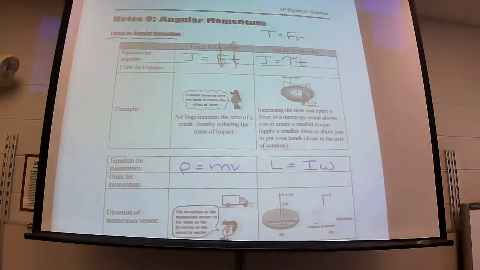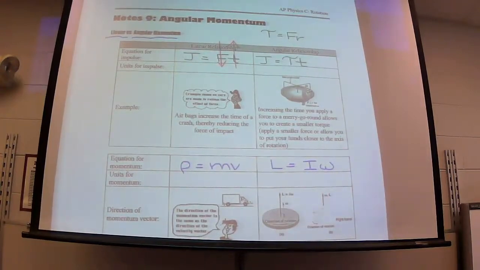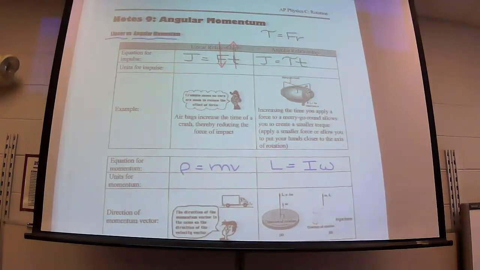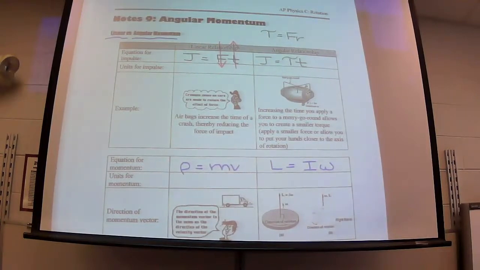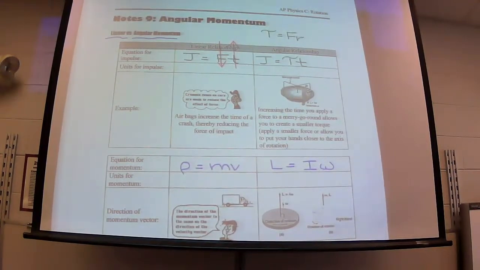So let's say that my job is all these people are on the merry-go-round, and my job is to spin the merry-go-round. So I could walk up to the merry-go-round and apply a really big torque. A torque is an F, my force, times an r to the outside of it. So I could go like this really hard to try to get them to whirl around.